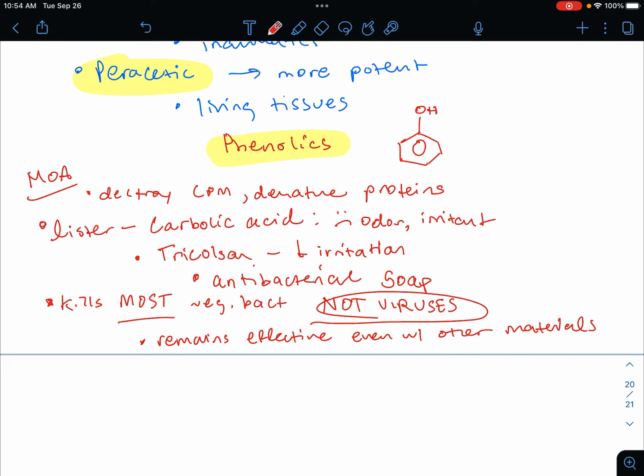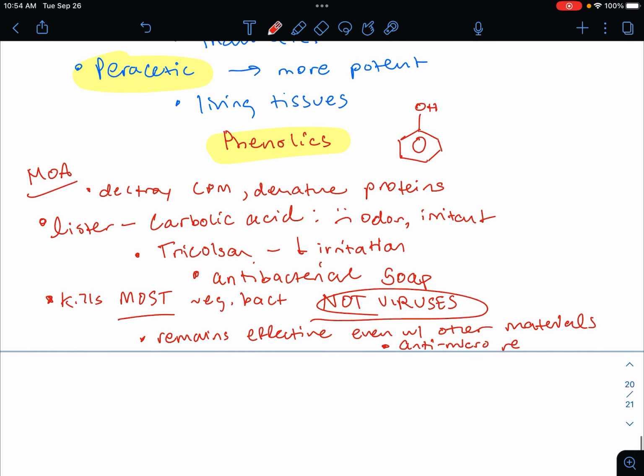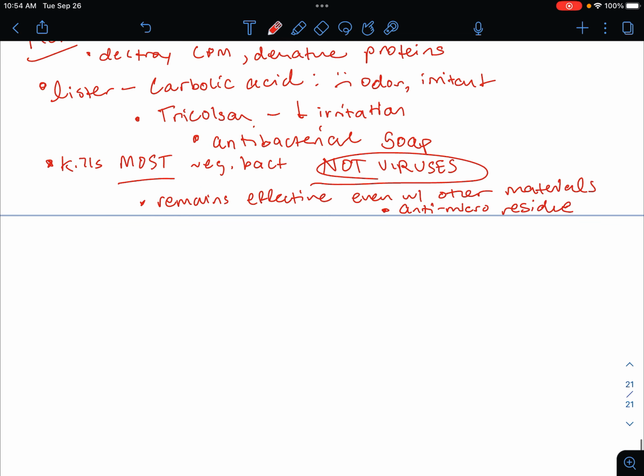However, it leaves this really good antimicrobial residue. So unlike alcohols that just evaporate quickly, there's a residue from the phenols that will continue to act as an antimicrobial for you.